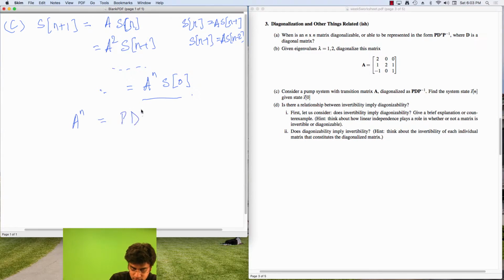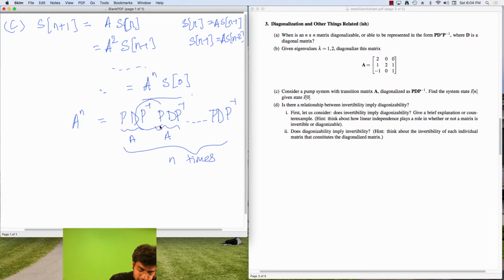So this is going to be PDP inverse. This is one A. And then PDP inverse, and then this is the other A, and then I keep going, and I get PDP inverse, n times. Now what you can see is that these adjacent P inverses and P's all cancel out to be the identity.